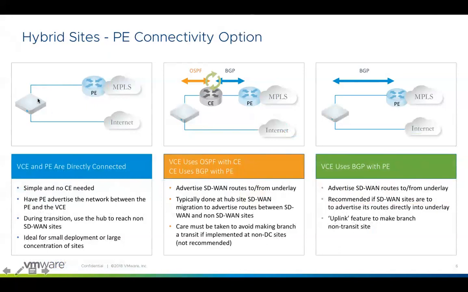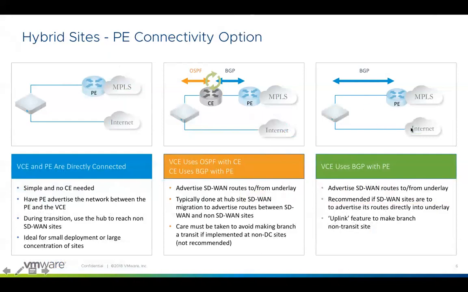But the downside is that all traffic going from this branch would have to traverse the hub to reach other SD-WAN sites or to reach the traditional MPLS sites. But it's very simple and straightforward, and typically recommended if you don't have a lot of traffic between an SD-WAN hybrid site and non-SD-WAN branch MPLS sites.